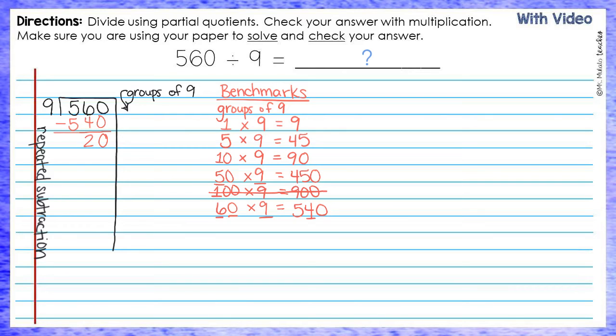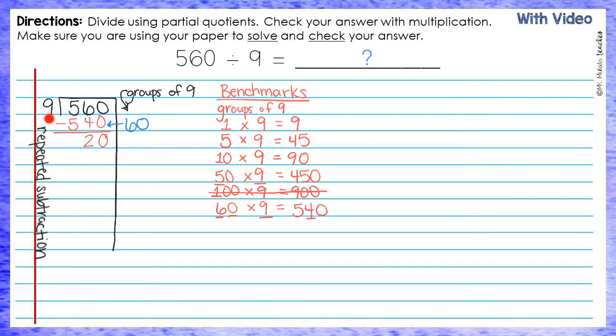Before we move on, we want to think about how many groups of 9 are in 540. In 540, there are 60 groups of 9. So in our groups of 9 column over here, we need to write 60 next to 540 because there are 60 groups of 9. Now we have 20 remaining.